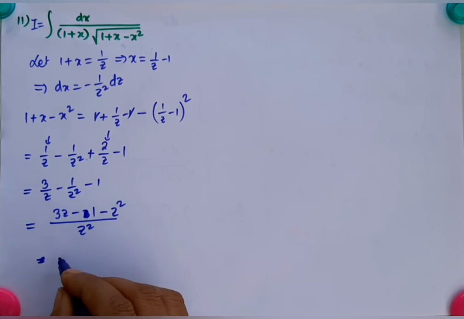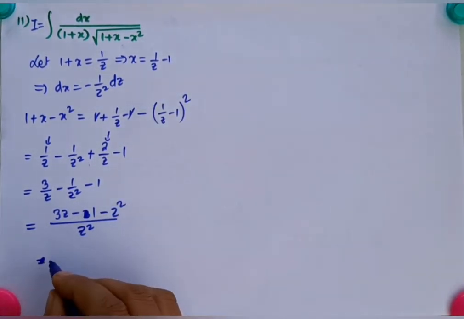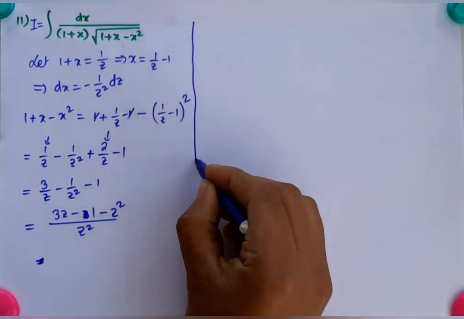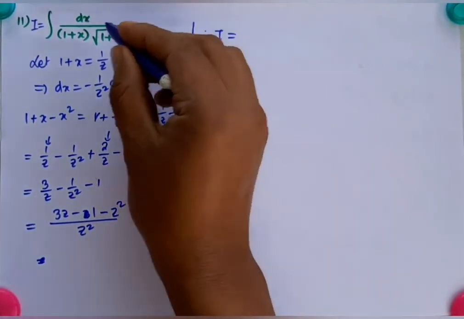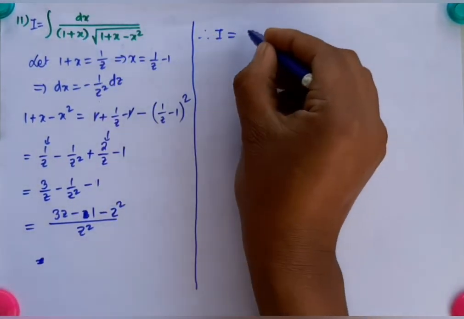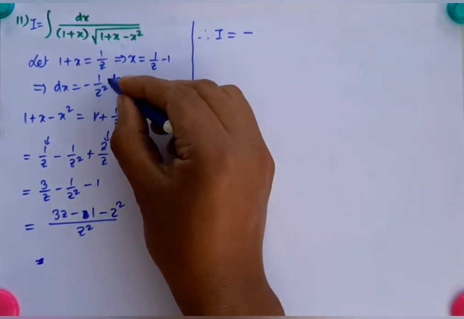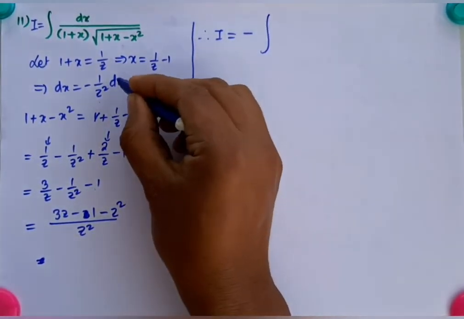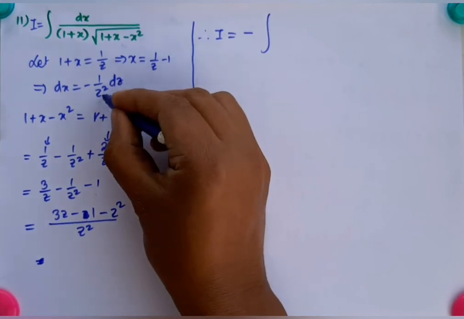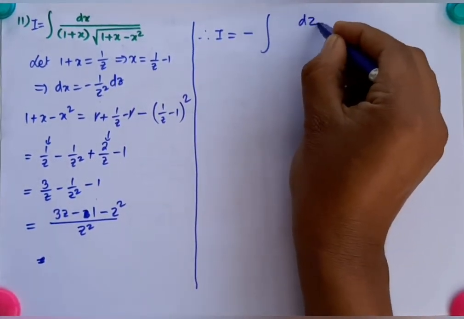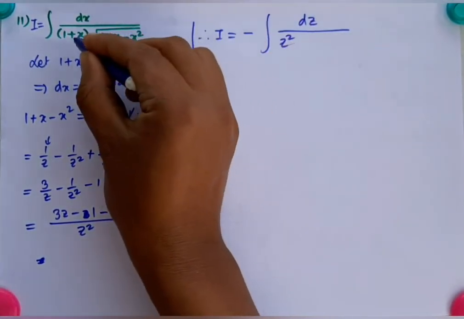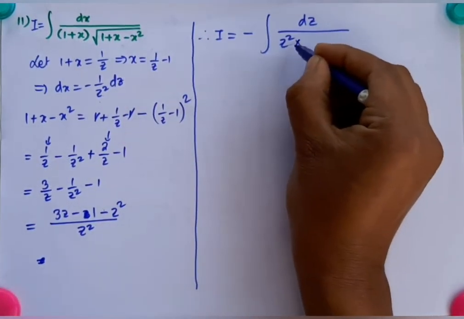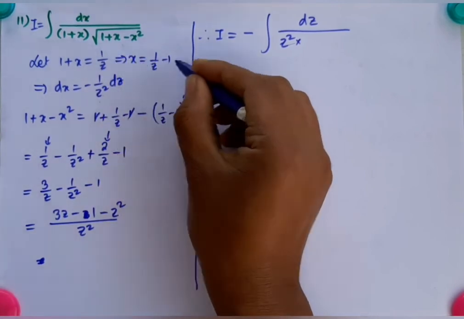So therefore your I will change to integral dx, and dx is negative of dz by z square, so the negative is kept outside. So this is just dx. Now we need to write 1 plus x. So what is 1 plus x? 1 plus x is 1 by z.